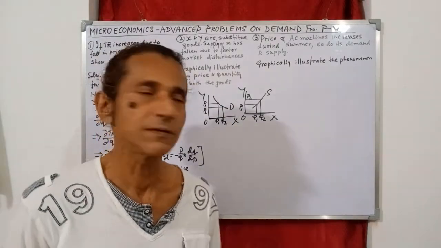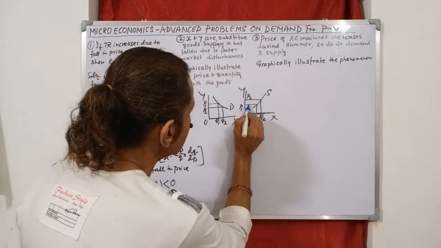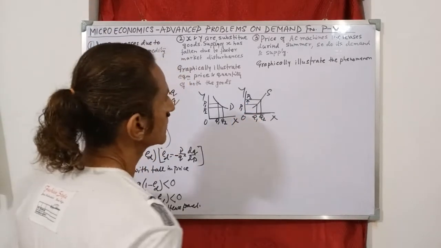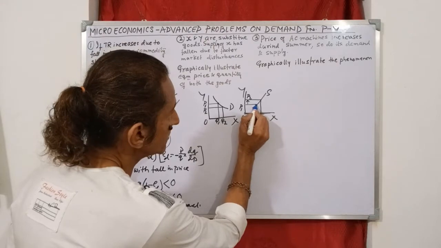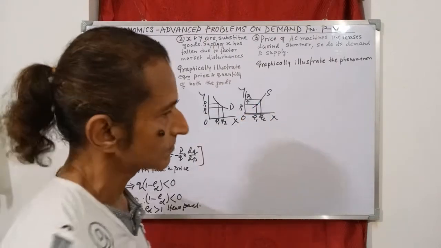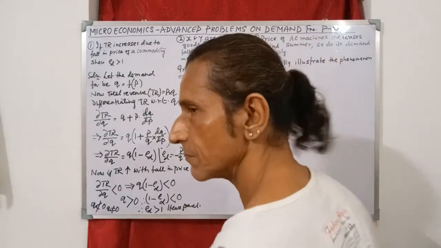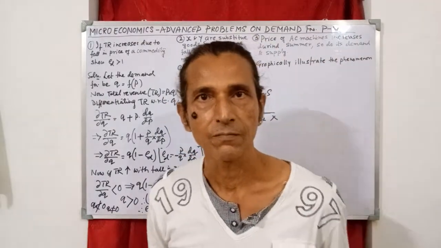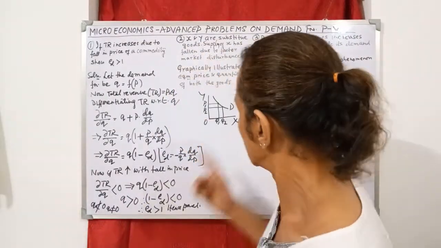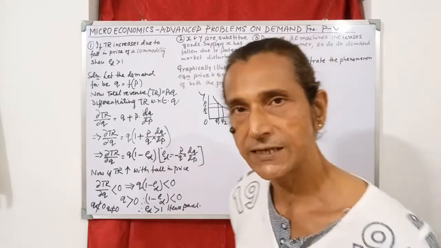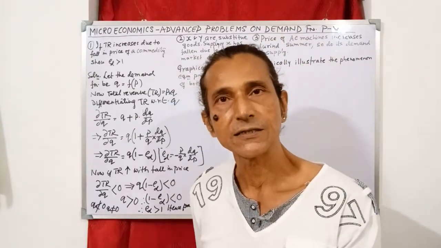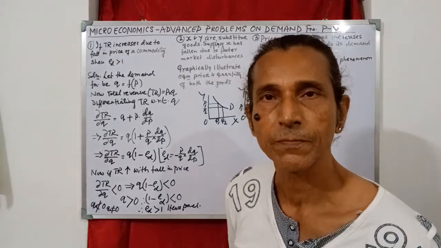Why has this happened? Because price has increased from P1 to P2 and the producer has moved from this point to this point. That is, the movement has taken place along the supply curve. There is no shift in the supply curve, because here only the price of the commodity has increased, and other factors have remained unchanged.